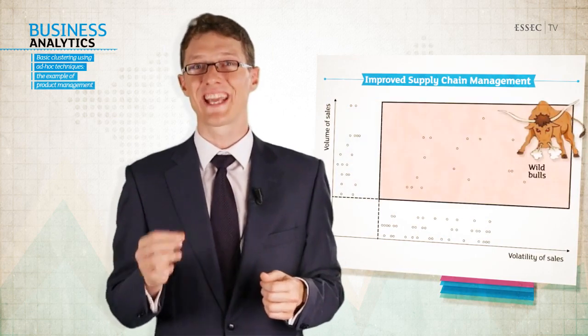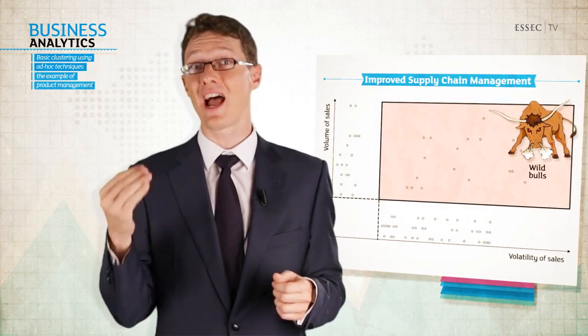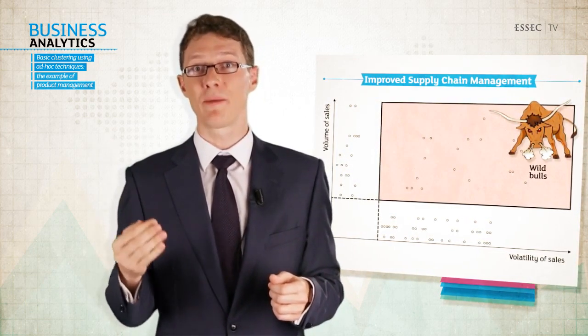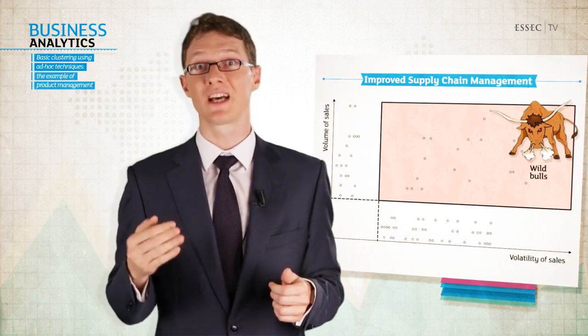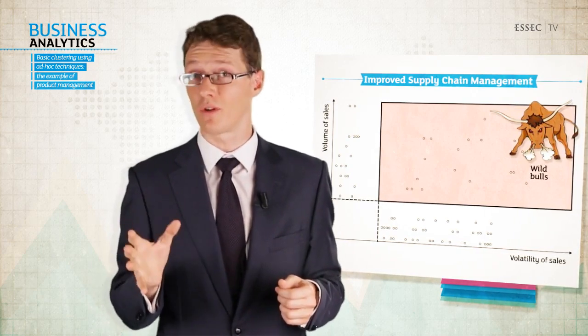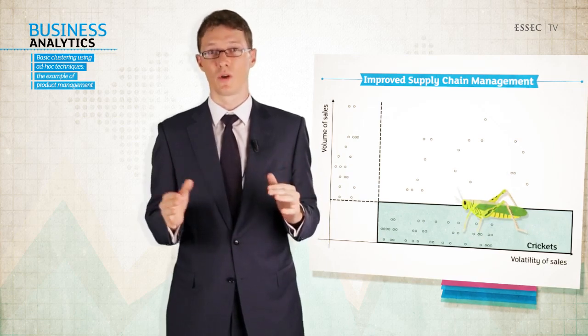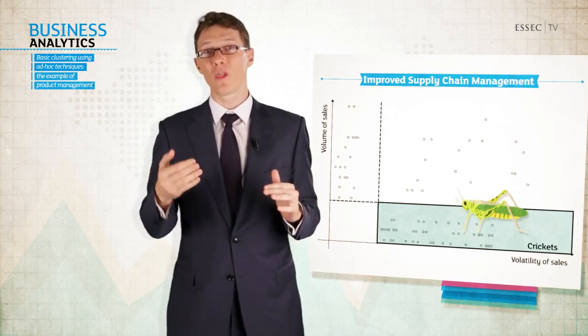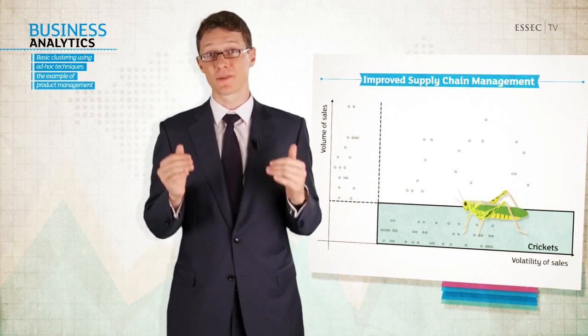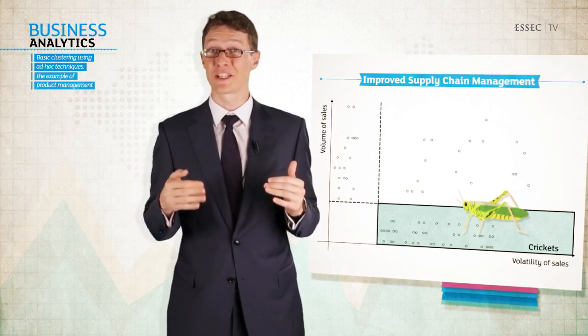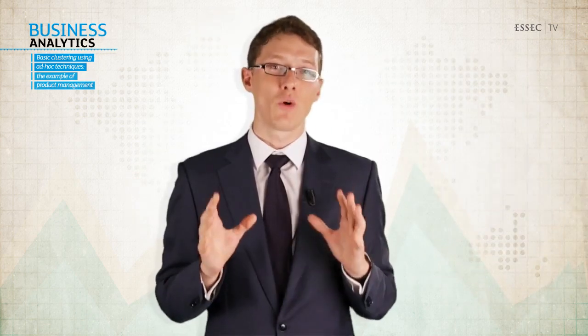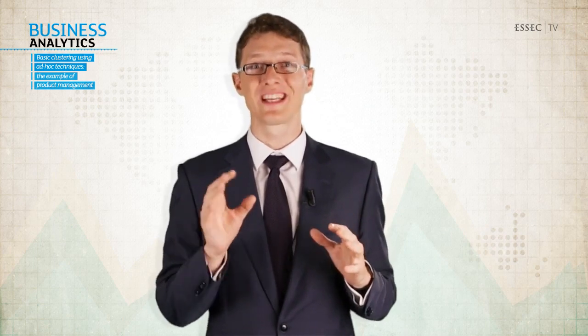Two, SKUs with high sales and high variability. Let's call them wild bulls, because they are strong but difficult to control. And three, let's consider all the other ones together, low sales, and call them crickets, because they are small but can jump unexpectedly. We'll then manage our supply chain differently for those three cases in order to ensure maximum efficiency.